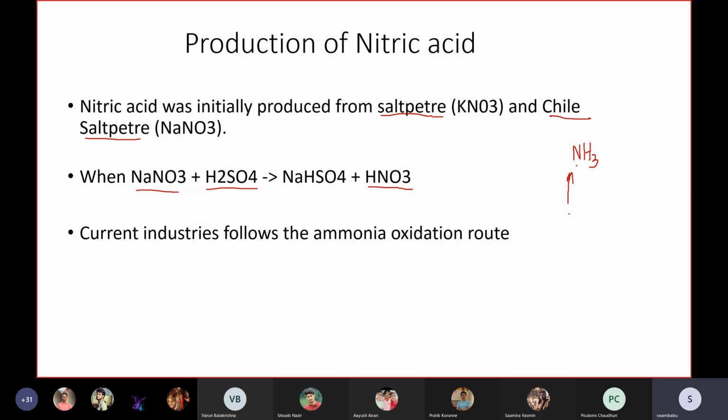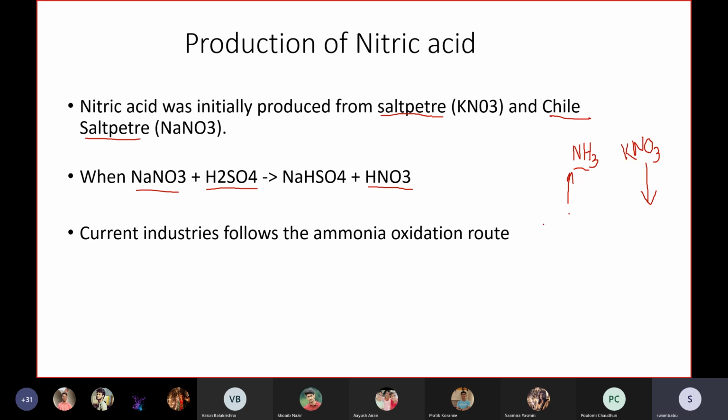Like I showed you, from methane syngas production, nitrogen and hydrogen come in, so ammonia production has increased greatly. At the same time, the nitrate resources, KNO3 and NaNO3, are depleting.